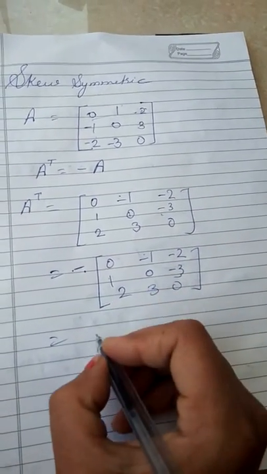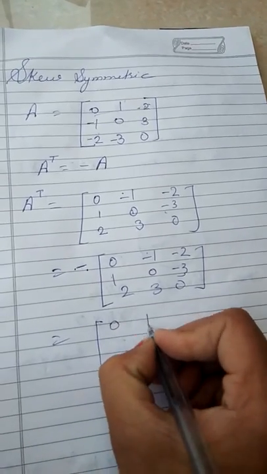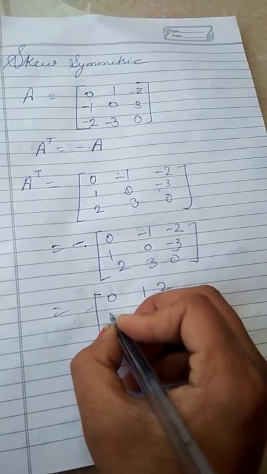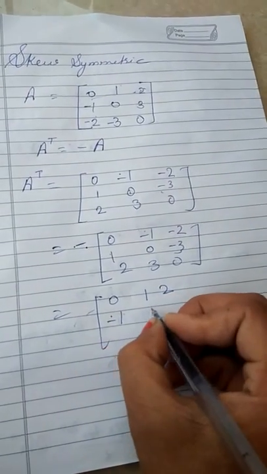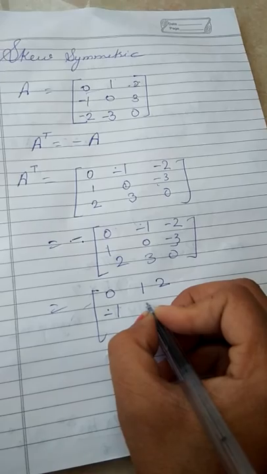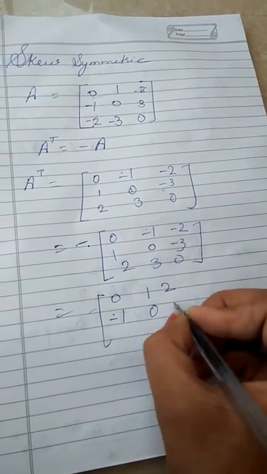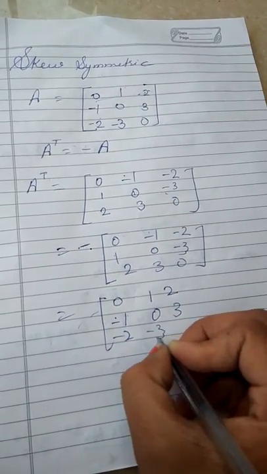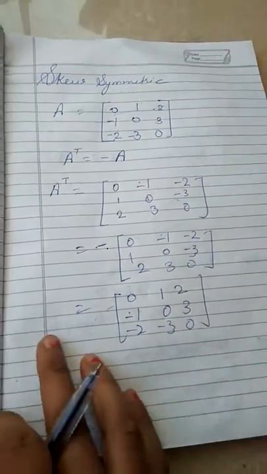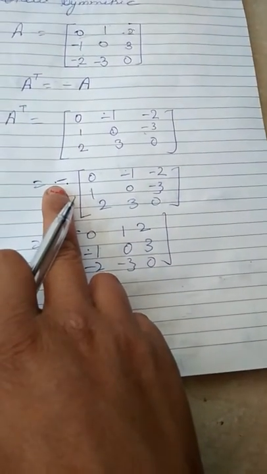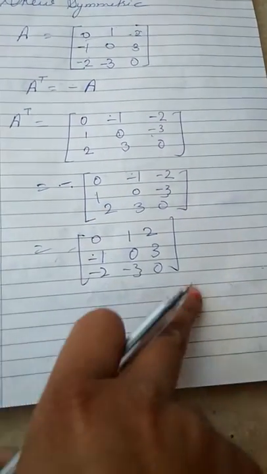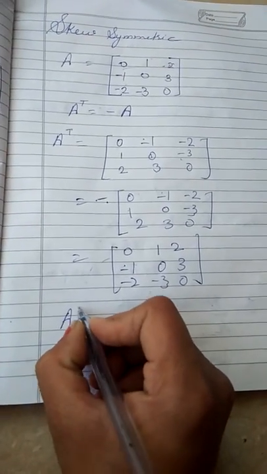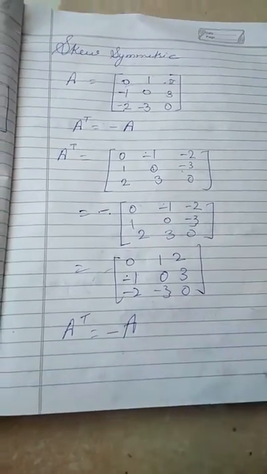Okay, now multiply this, you'll get 0 1 2, minus 1 0 3, minus 2 minus 3 and 0. So after multiplying with the minus sign, you have got A. So A transpose is equal to minus A.